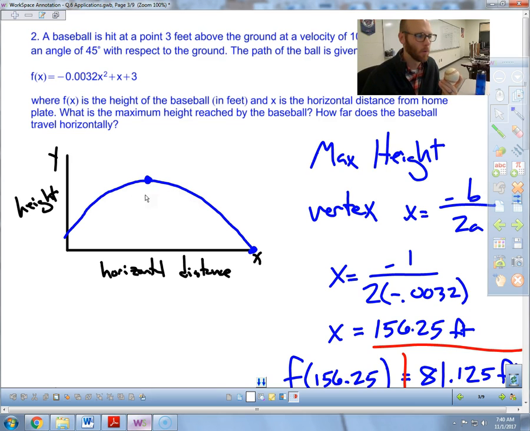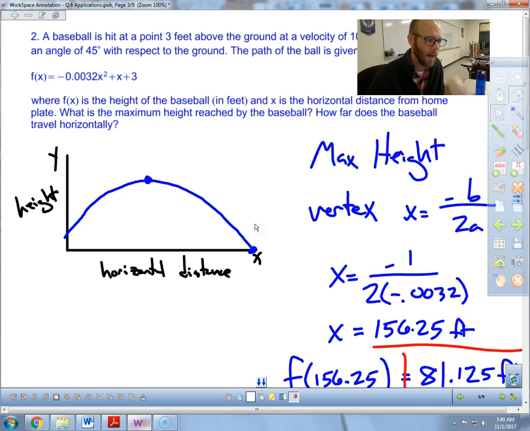I showed you a clip of a home run being hit where we had a function, it's right up here. We had a quadratic, whose graph is a parabola, and we modeled the horizontal distance versus the height. That's what this equation did. If we watch that ball travel, the horizontal distance versus the height, it's pretty easy to see as a parabola.